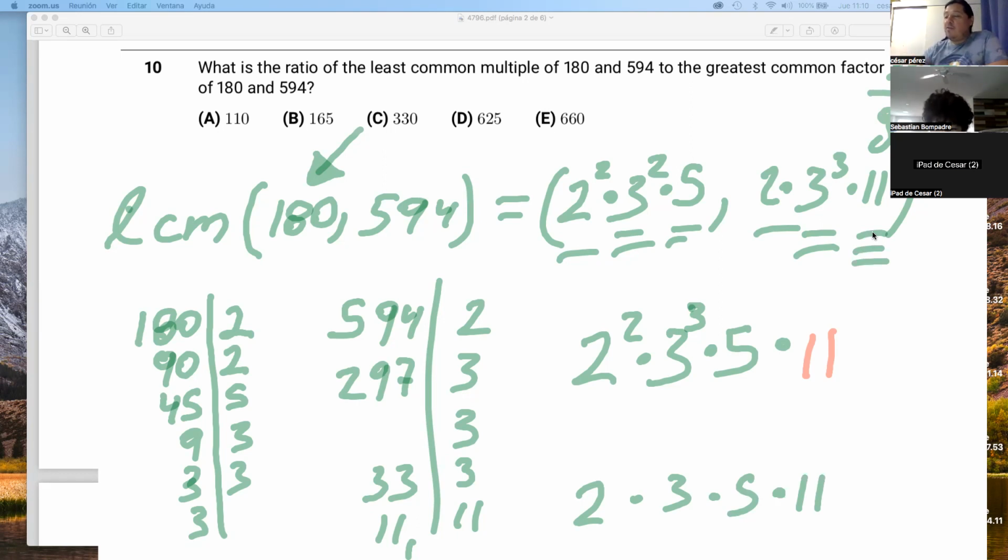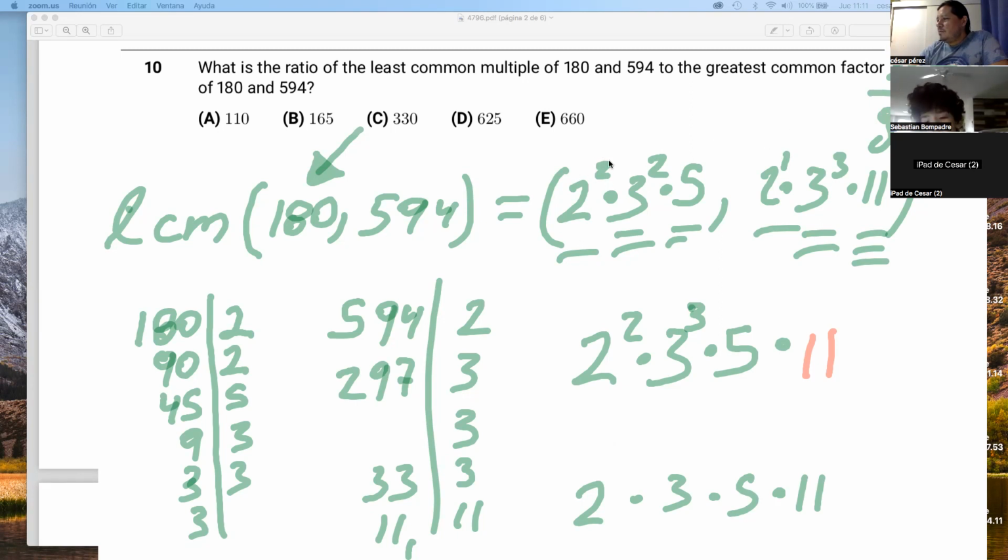But how many of everyone? ¿Cuántos necesitamos de cada uno? We must see the power of every number. Necesitamos checar la potencia, el exponente de cada número. And we're going to use the greater of them.